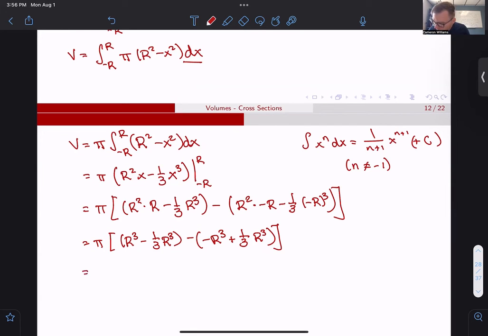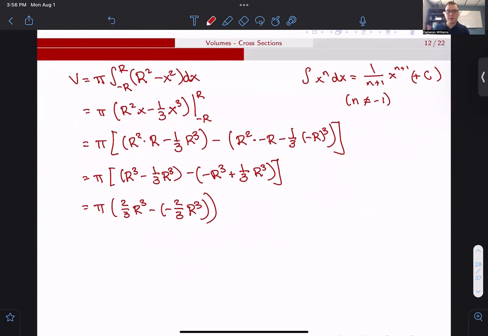This part, we have an r cubed and we're taking off 1/3 of an r cubed. We're left with 2/3 r cubed. There's our 1/3, there's our r cubed. We're getting pretty close. Minus, and now this is negative 2/3 r cubed because they're negatives of each other.